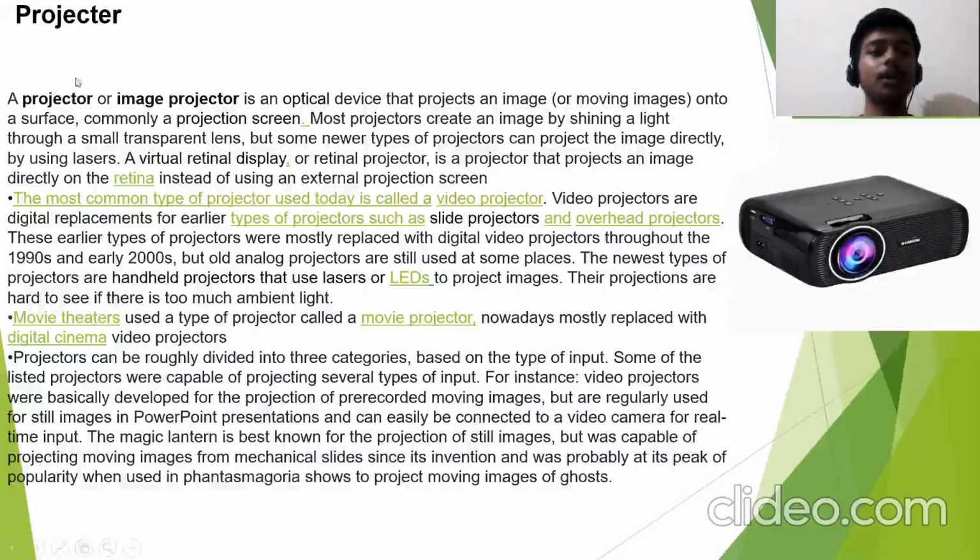Now projectors. A projector or an image projector is an optical device that projects an image or moving images onto a surface, commonly a projection screen. Most projectors create an image by shining a light through a small transparent lens, but some newer types of projectors can project the image directly by using lasers.